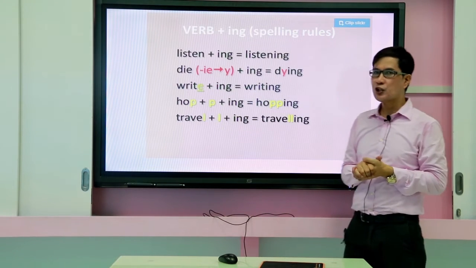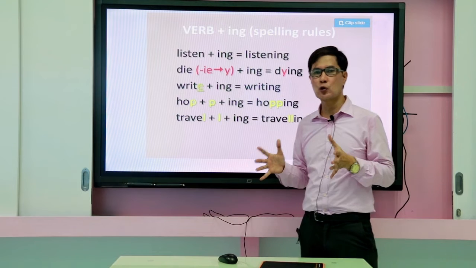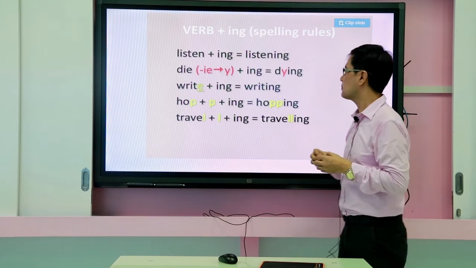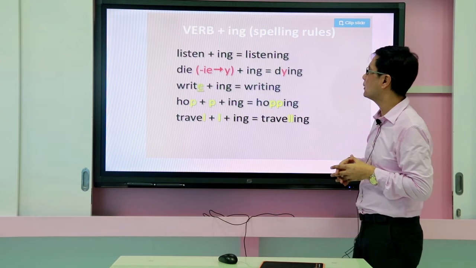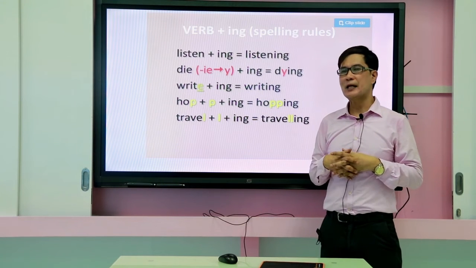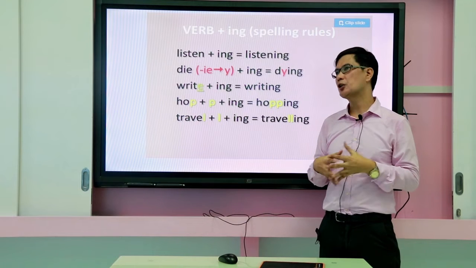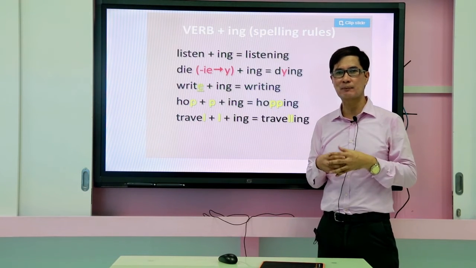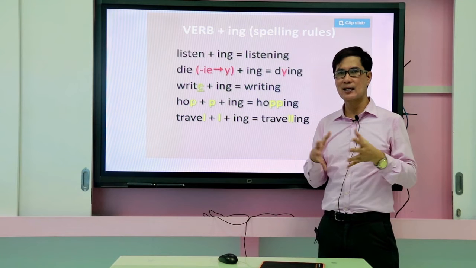Make sure that we know how to correctly change the form of the verb, especially for these words, for example the spelling rules. So it is important. If I were asked, teacher, is it okay if we mistakenly do something wrong or the spelling is incorrect?